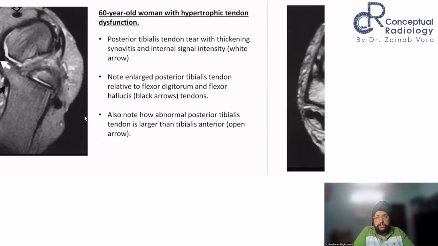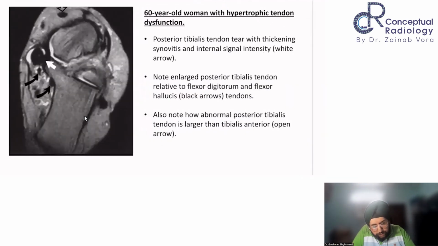So you can see the posterior tibialis tendon is bulky and enlarged with respect to your flexor digitorum longus and flexor hallucis longus. You see there are internal heterogeneous signal intensities also, and you have surrounding fluid as well.